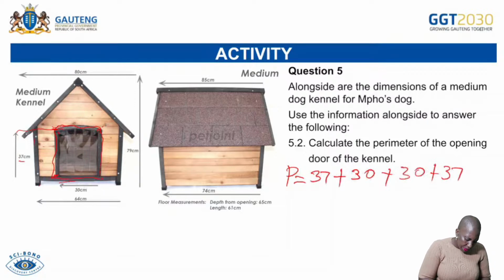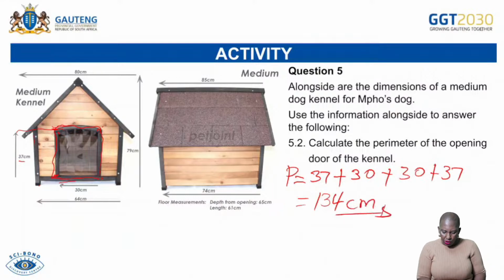So meaning it will be 37 plus 30 plus 30 plus 37. So it will give us what? 134 centimeters.